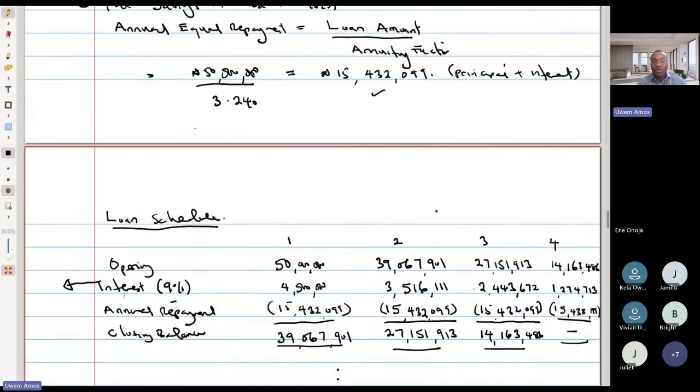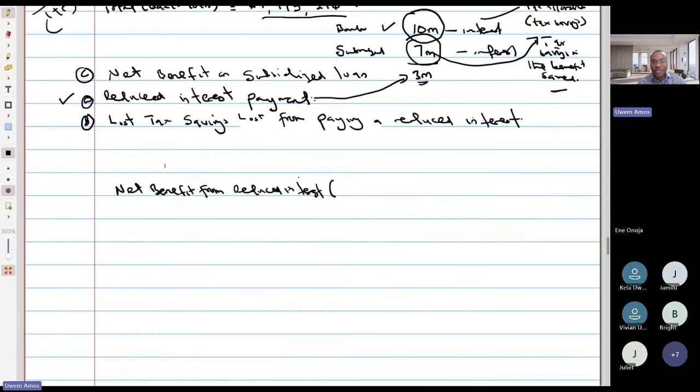They are borrowing 40 million, so how much are they saving on the 40 million? That is 9 minus 3.5, so they are saving 5.5%. So 5.5 divided by 100 multiplied by 40. That's 2.2 million.